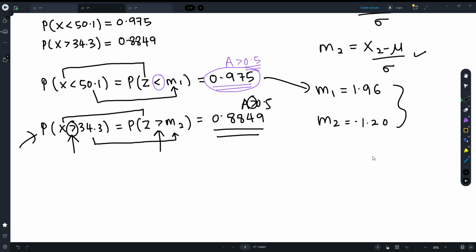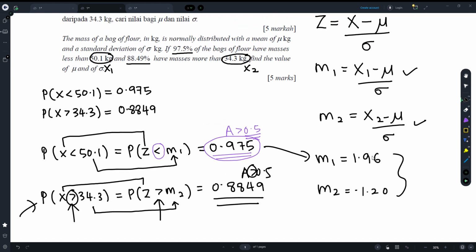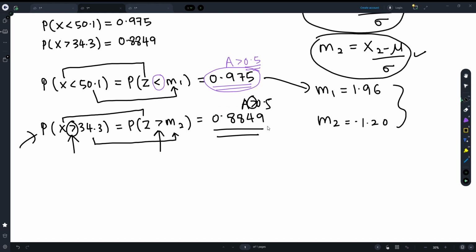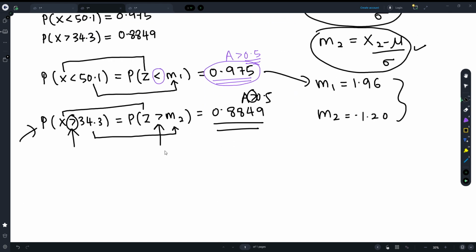Please take this M1 and M2 and put them into these equations in order to solve for the mean and the standard deviation. Let me do that for you. My X1 is 50.1, minus the mean, over the standard deviation, is equivalent to M1, which is 1.96. This will be my first equation.